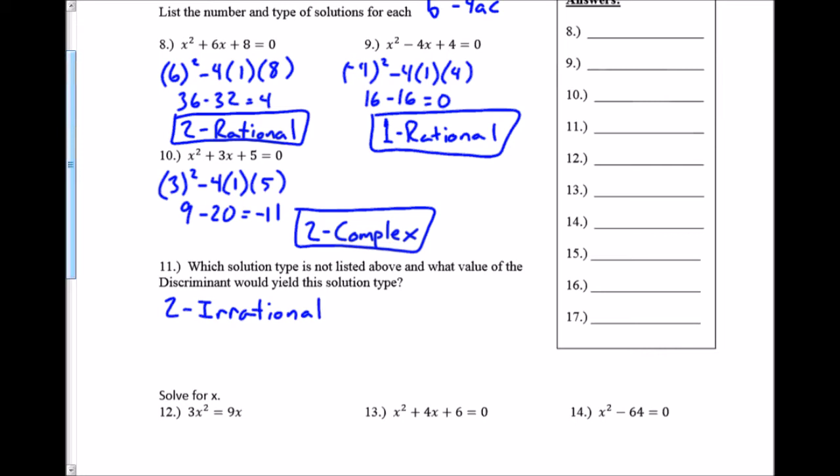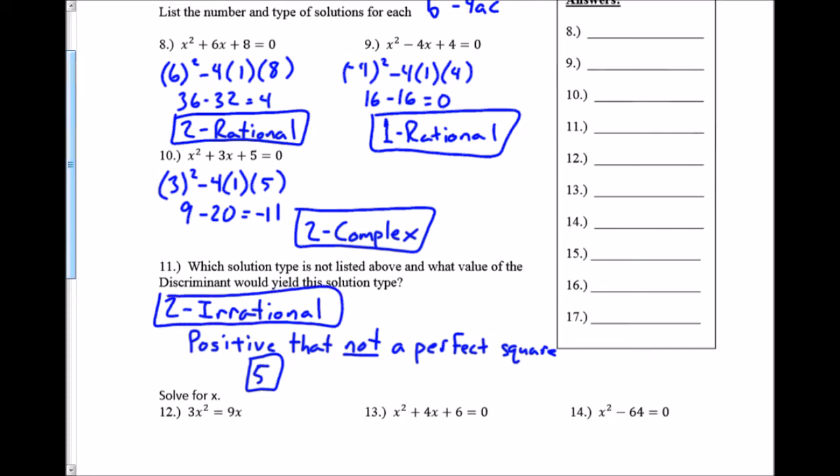And I get 2 irrational solutions when my discriminant is a positive that is not a perfect square. Okay? An example of that would be something like a 5. It would be an example of a positive that's not a perfect square, which would give me 2 irrational solutions. Okay?